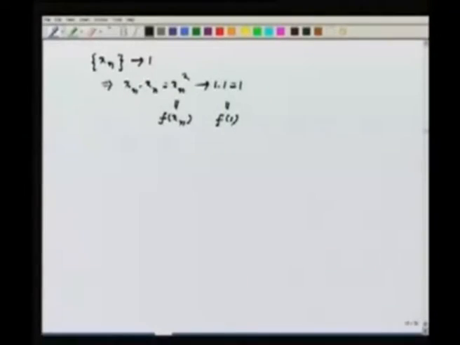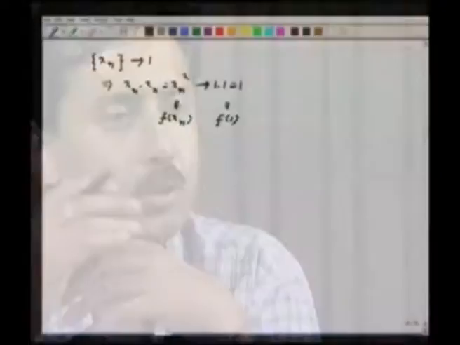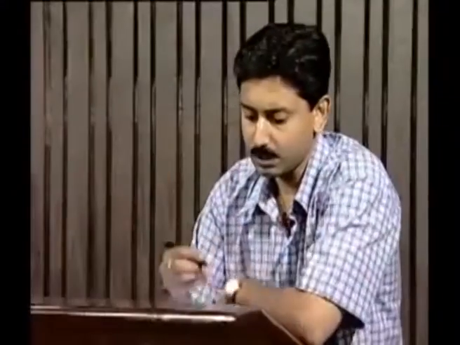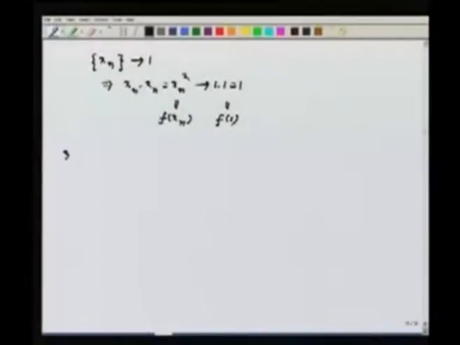Now I will show you that certain other functions which usually look more complicated in terms of epsilon and delta can actually be dealt with using sequences quite easily. For example, let us look at this function. f(x) = sin(1/x), where x is bigger than 0, and I define it to be equal to 0 if x is equal to 0.